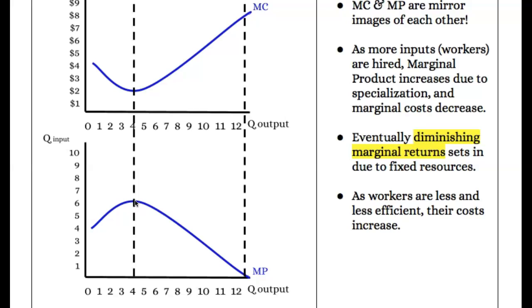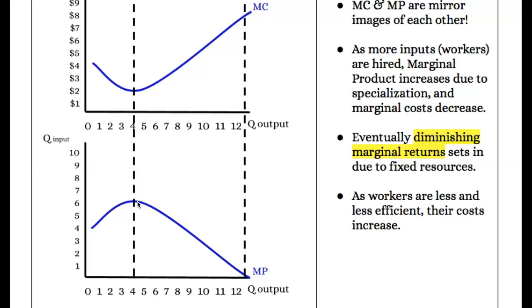But then you reach a point where each additional worker is contributing less and less to the total output. This happens because you have fixed resources and you reach a point where more workers just kind of get in the way. You're going to have social loafers who aren't working as efficiently as others. You're going to have competition over those fixed resources or factory size, or someone goes off into the bathroom and is talking on their phone.